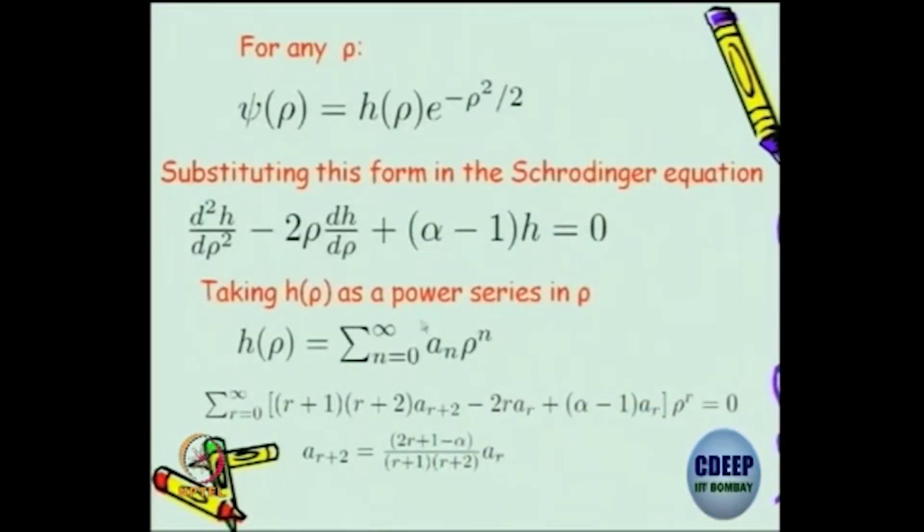I can split my h of rho into two pieces, one involving odd powers, one involving even powers, and the coefficients of even powers are related by this. Similarly, the odd powers are related by this. When r is even, the coefficients are related by this, and when r is odd, the coefficients are related by this.